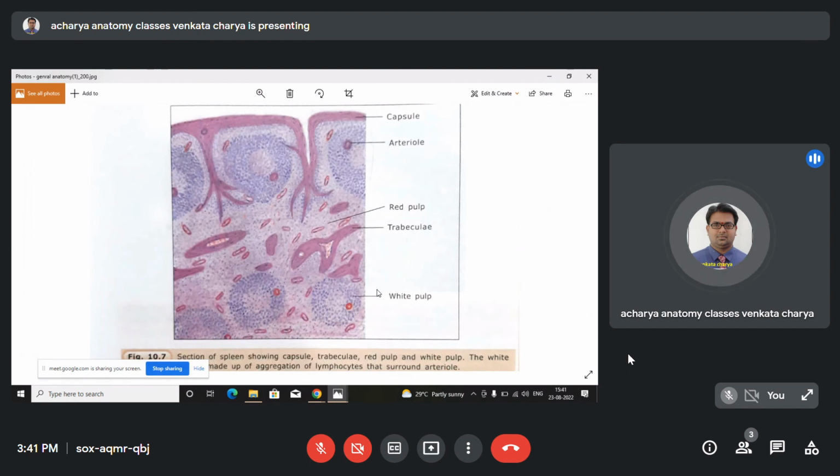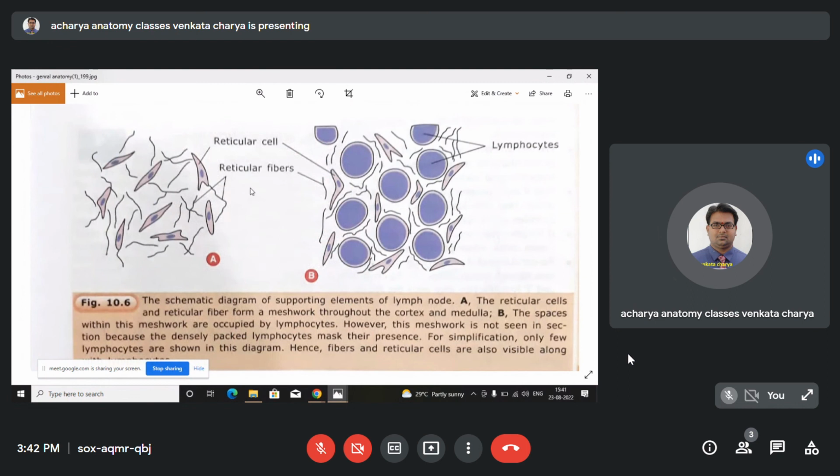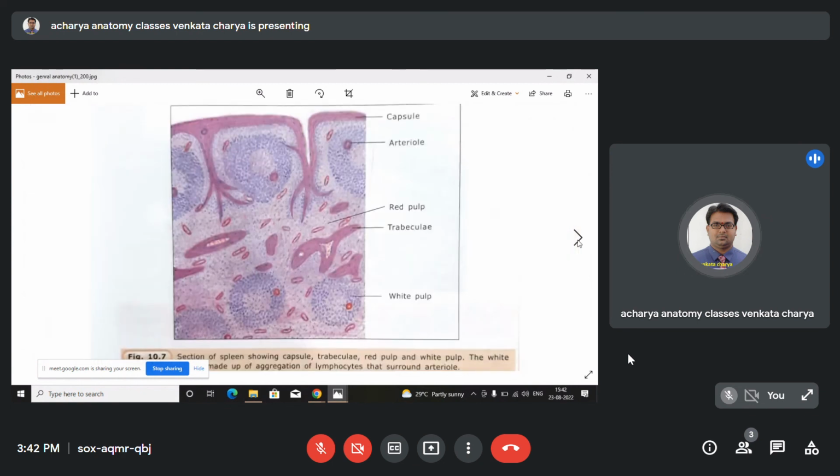Red pulp contains reticular cells, and white pulp is formed by lymphocytes. This is the histology diagram of the spleen, a 4 marks question.